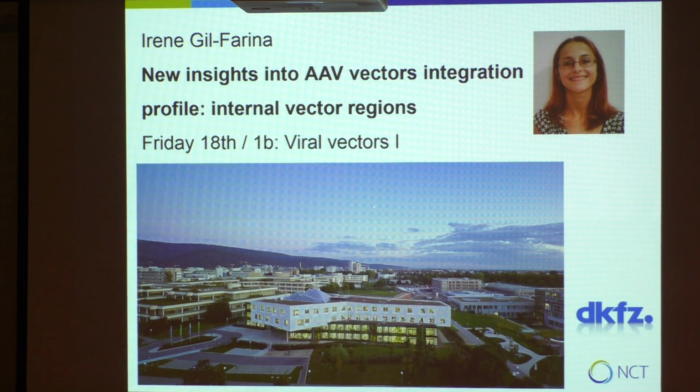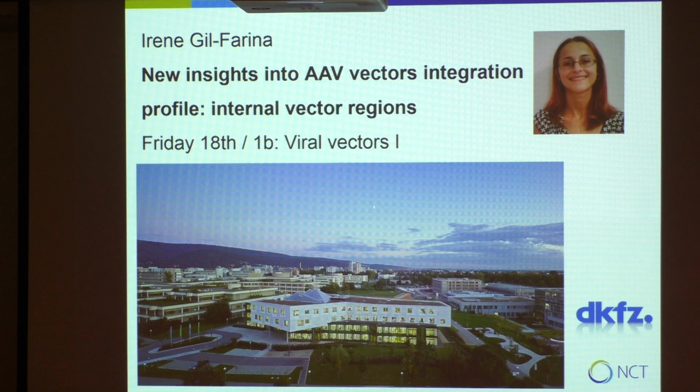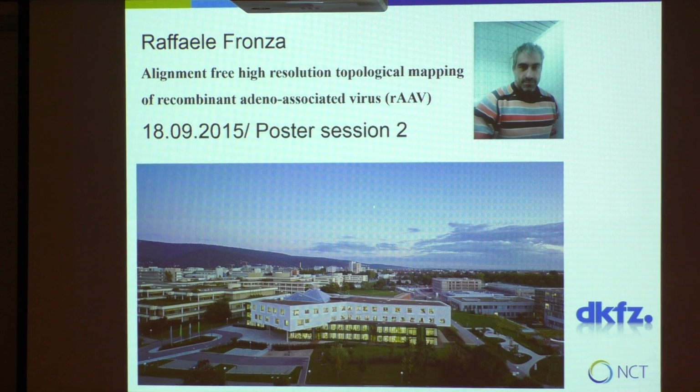For this I would like to refer you to Irene's talk tomorrow in session 1B for viral vectors, and also to the poster session from Raffaele, where he will present also some more insights into AAV concatemerization and rearrangements.